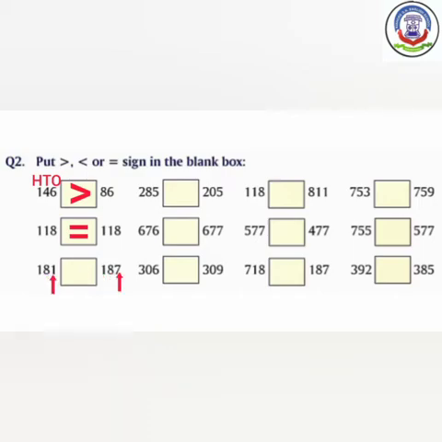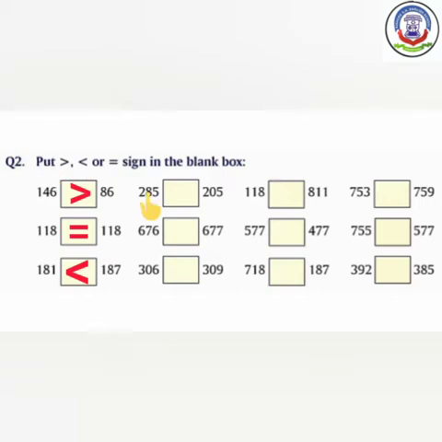So we will see the ones place. Here on left hand side there is 1 and on right hand side there is 7. So we will put less than sign because 181 is less than 187.